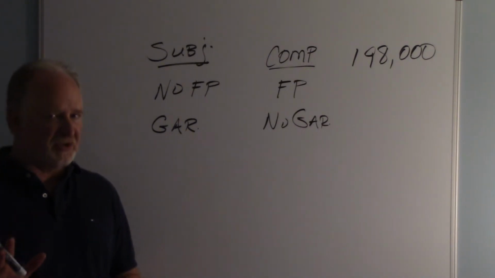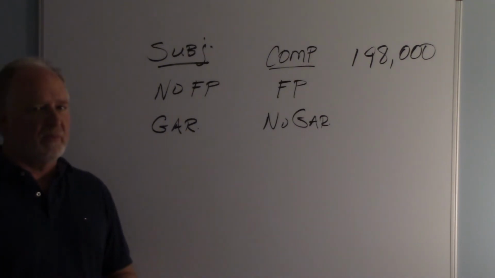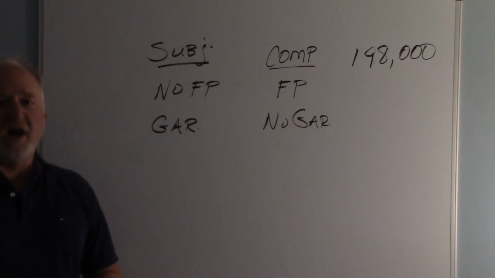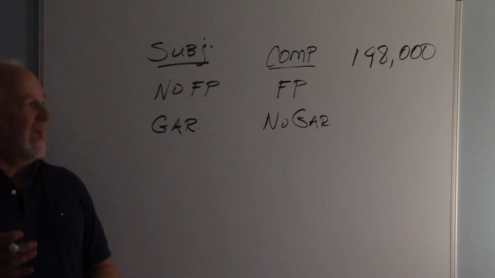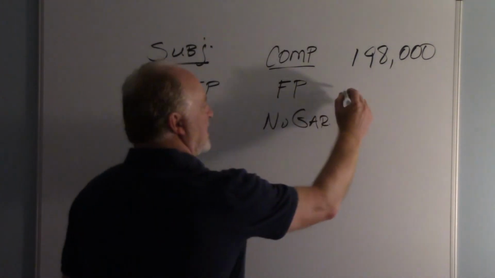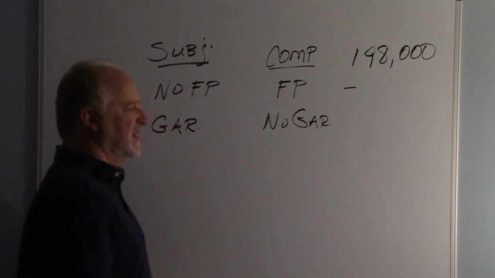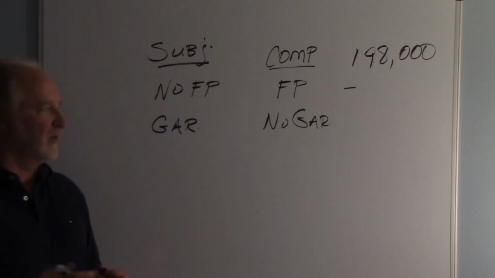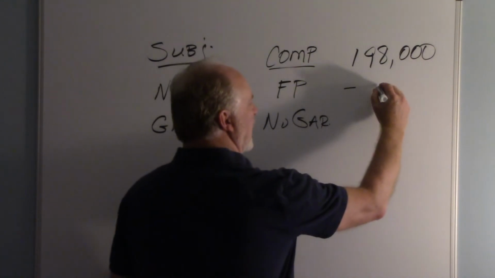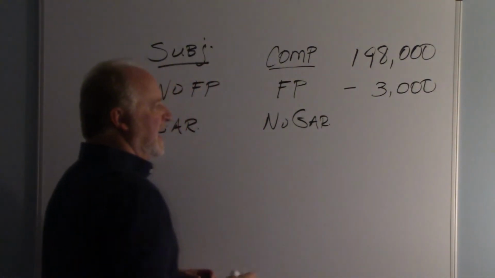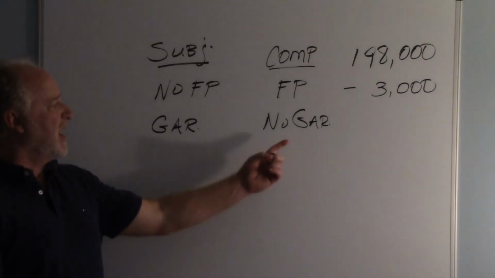Now let's put that off for just a moment and deal with what we have on the board right now. Would you agree with me that in regards to a fireplace, the comp is superior? And so if the comp is superior, we're going to subtract from its value. So we're going to subtract the fireplace, which was given as having a $3,000 value. And on the garage, the comp has no garage.